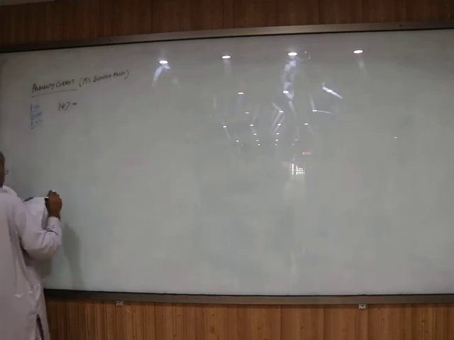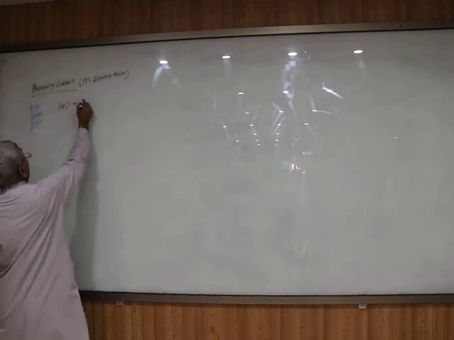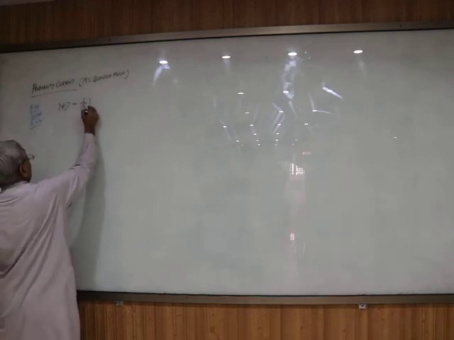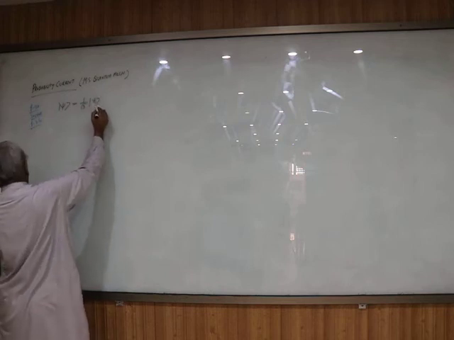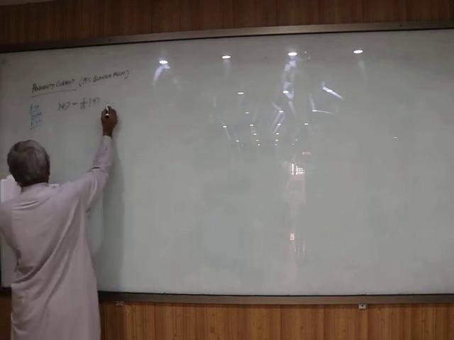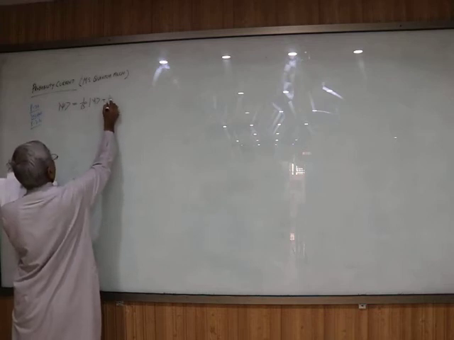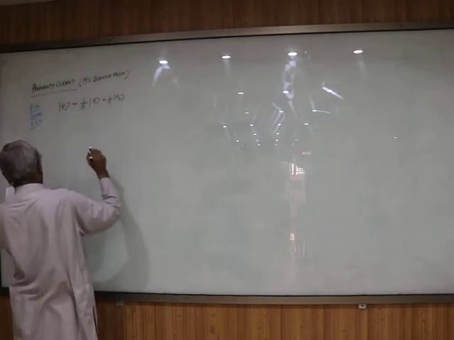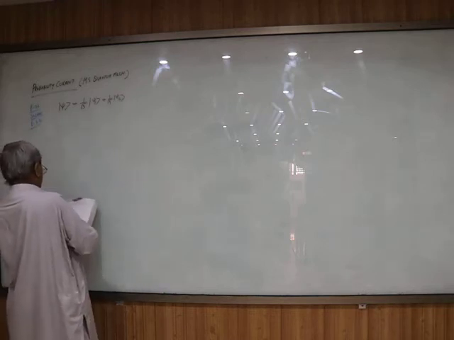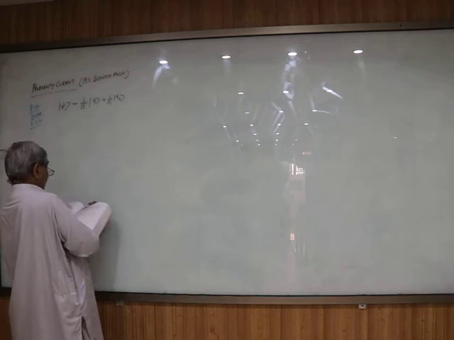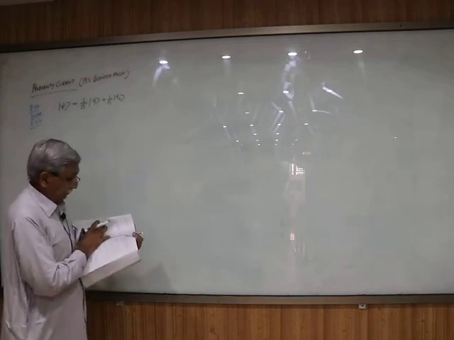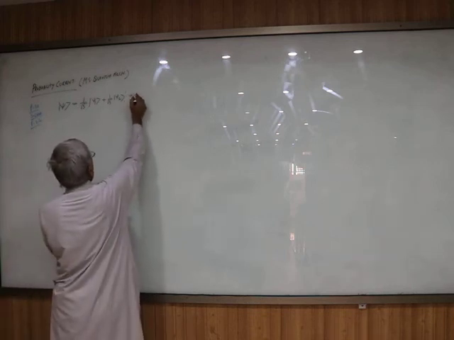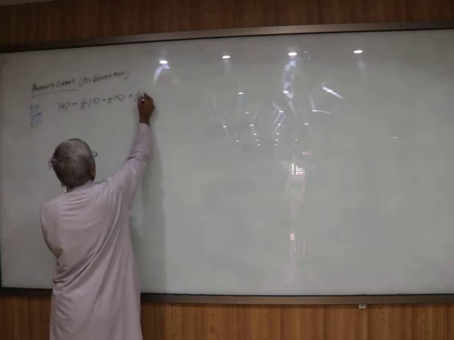Psi is equal to 1 over square root of 3 psi 1 plus 1 over square root of 3 psi 2 plus 1 over square root of 10 psi 3.